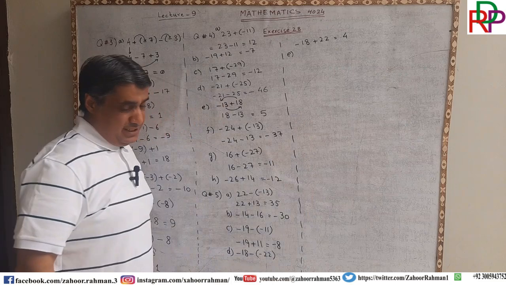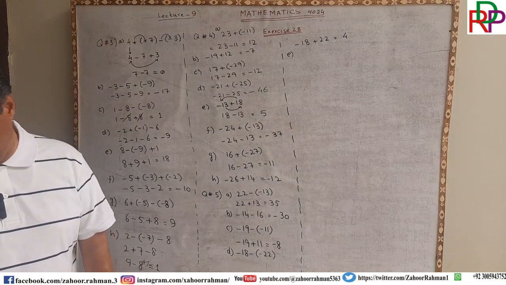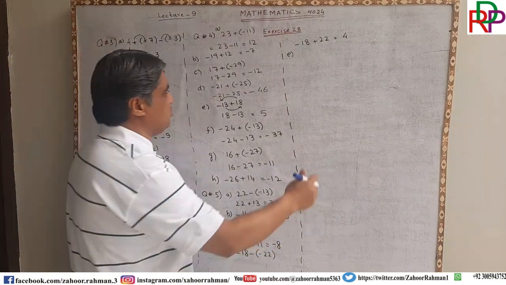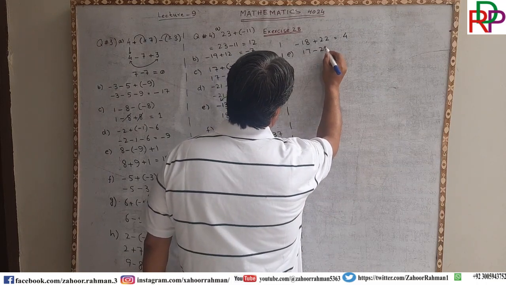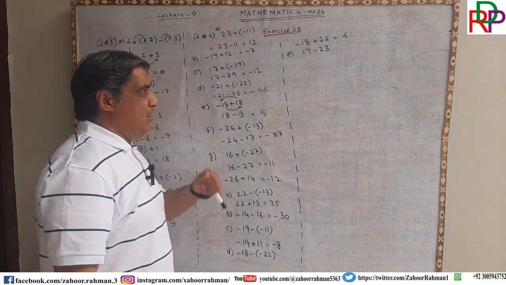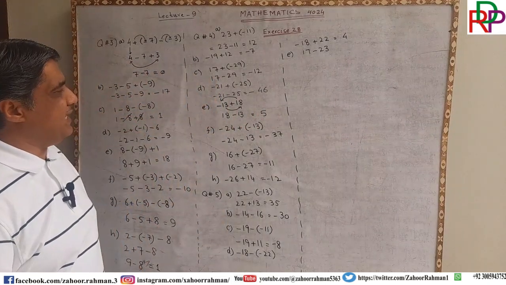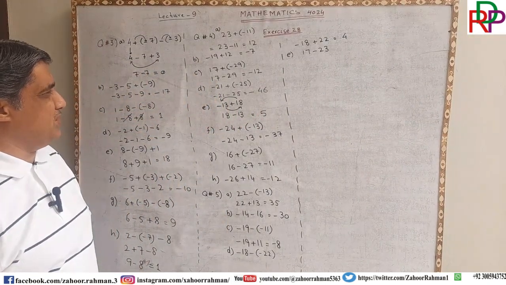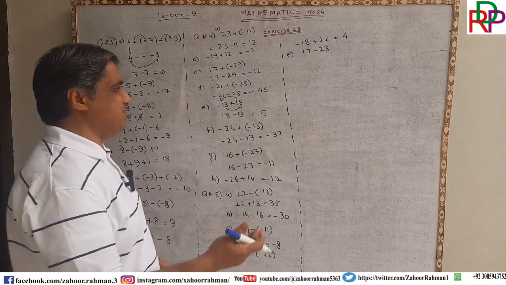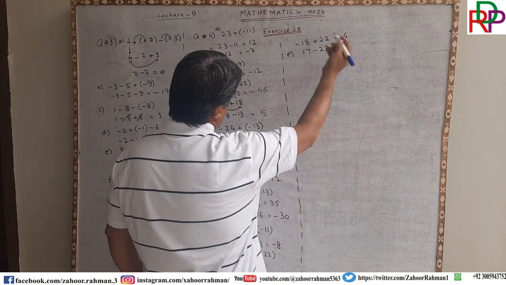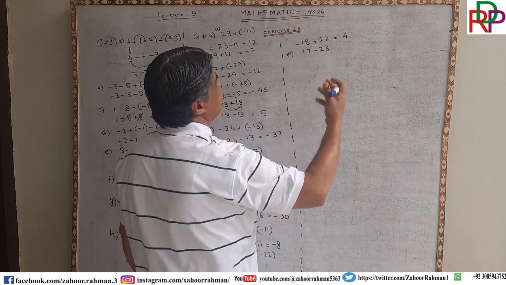Now we are turning our focus to part number E, 17 minus 23. Many times I observe the students, when they are seeing it like this, they say, okay, doesn't matter, so 17 minus 23 means 23 minus 17.